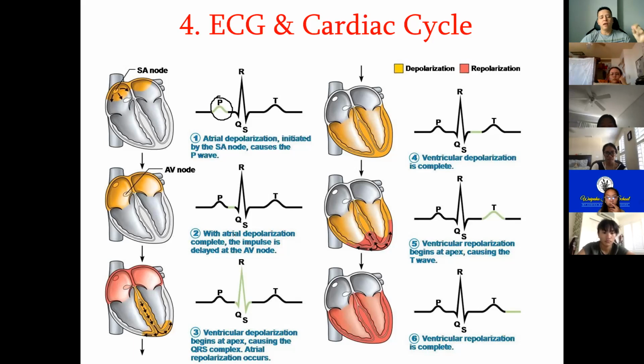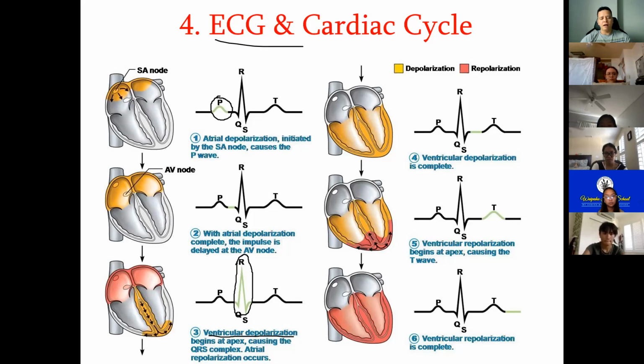We don't see atrial repolarization in an ECG. It doesn't mean that it doesn't happen. It happens. Otherwise, the atrium would not relax. Okay? It does happen, we just don't see it because it's very close right here to this big signal, which is ventricular depolarization. So the R is ventricular depolarization.